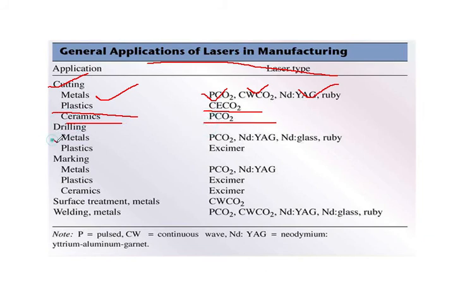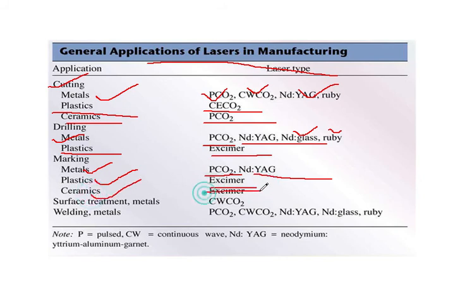For drilling, if you go for metal, you can go with PCO2, ND, ND glass and ruby. If you go for plastic, excimer you have to use. If you go for marking, then for metal, PCO2, ND; plastic, excimer, ceramic also excimer. If you go for surface treatment of metal, then you are going to use CWCO2. And for welding of metal, you have to use PCO2, CWCO2, ND, ND glass and ruby.